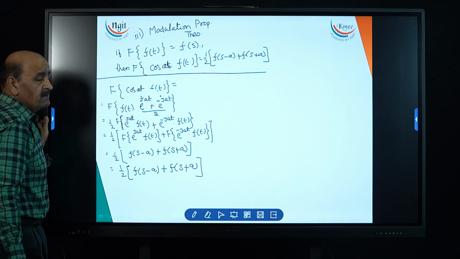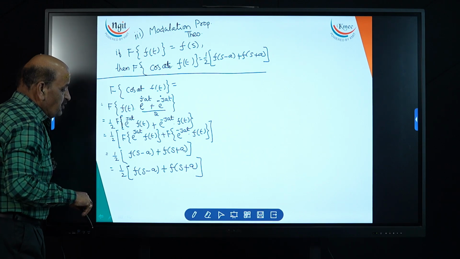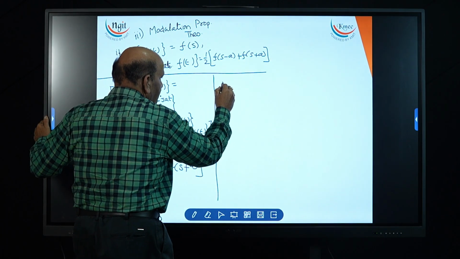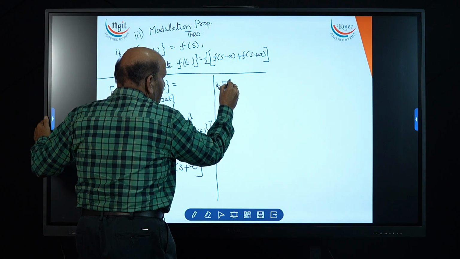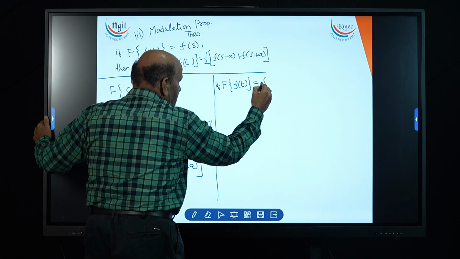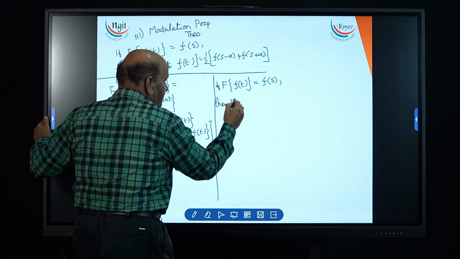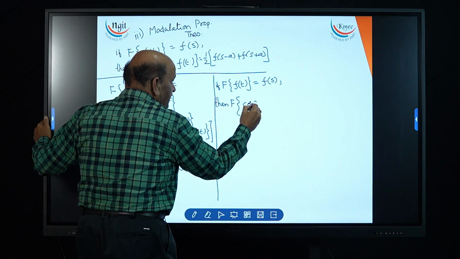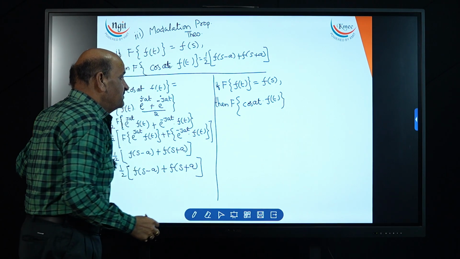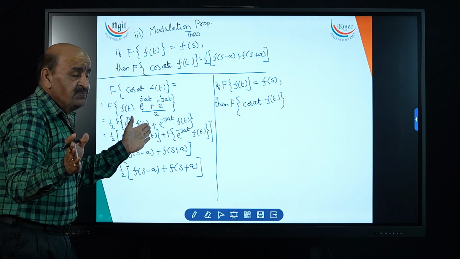Very important concept. Understanding? So what does the modulation theorem say? It says that if the Fourier transformation of any given signal is equal to F of s, and the signal is multiplied by a cosine signal, then the signal will be split into two parts.